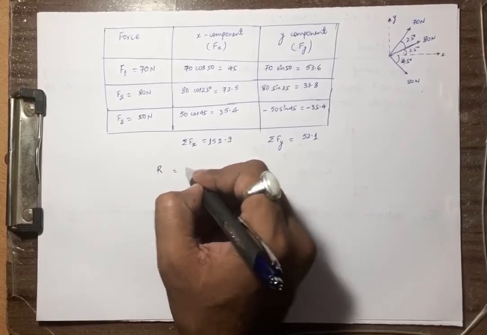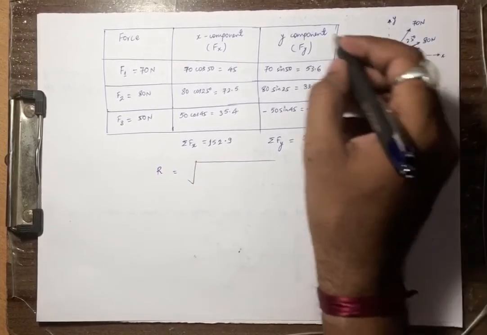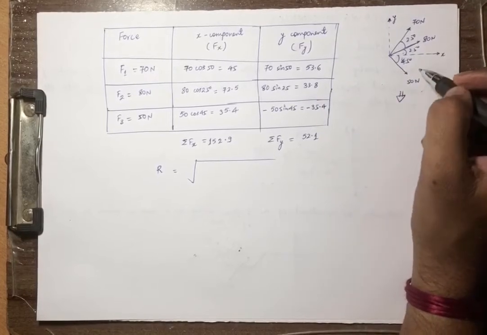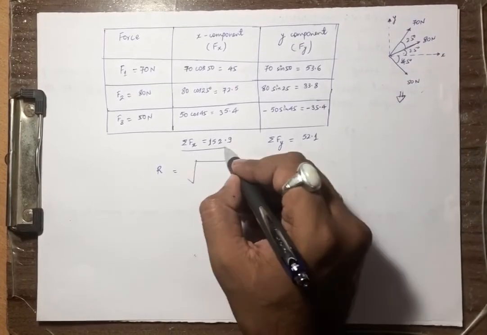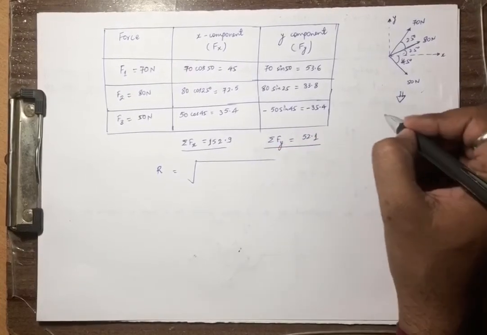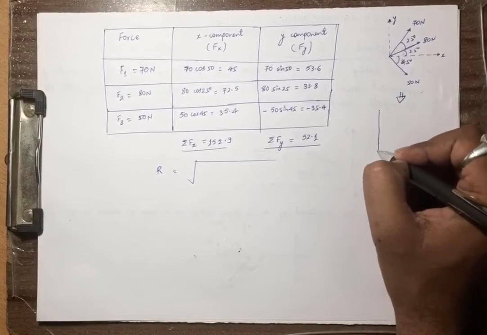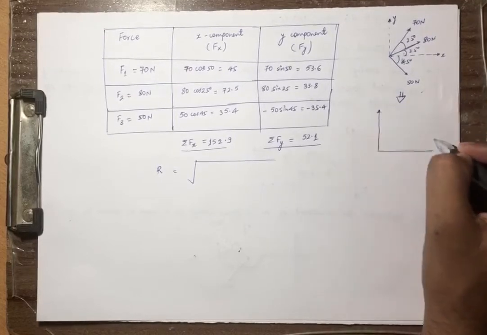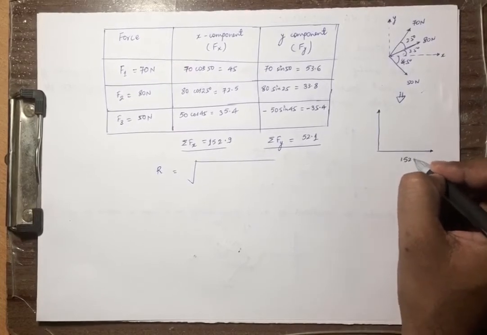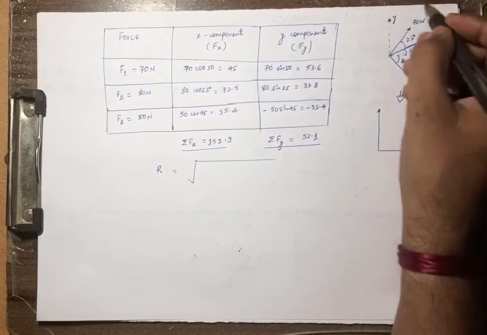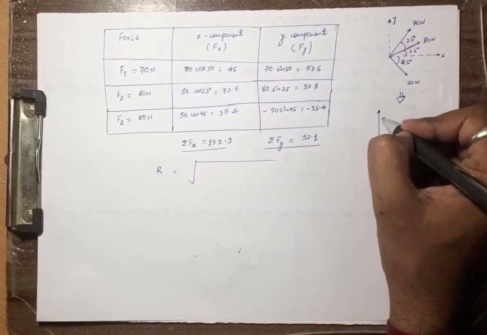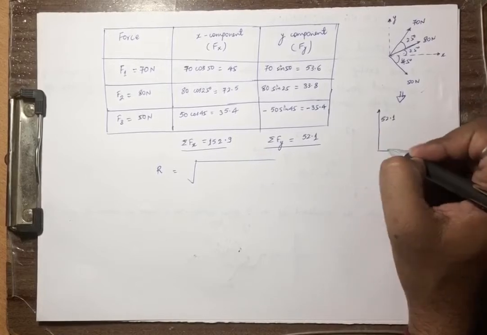So the resultant will be simply what we have done of this. Let me just show you graphically. This component of this force system is 152.9 and this is 52.1.